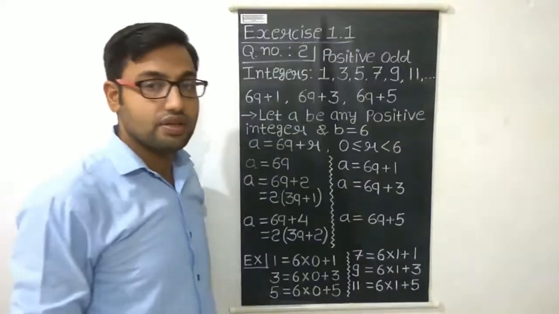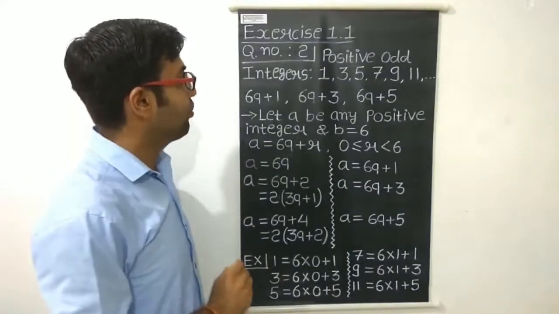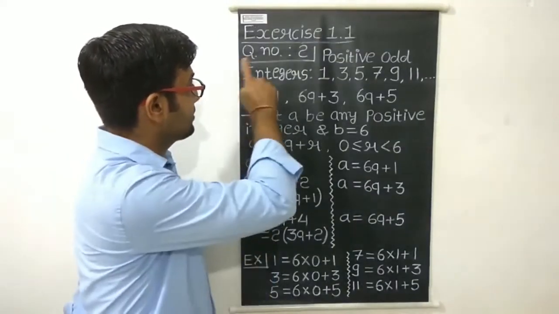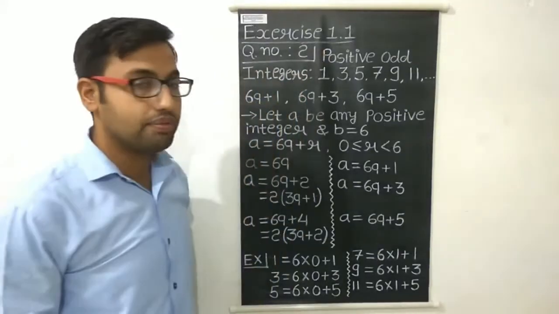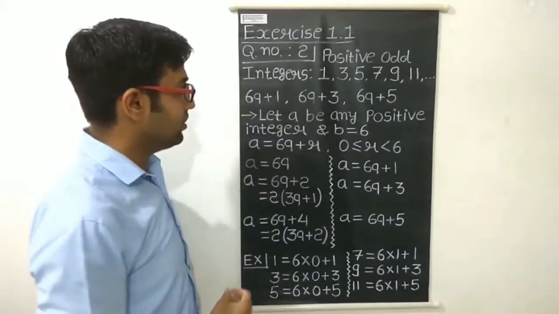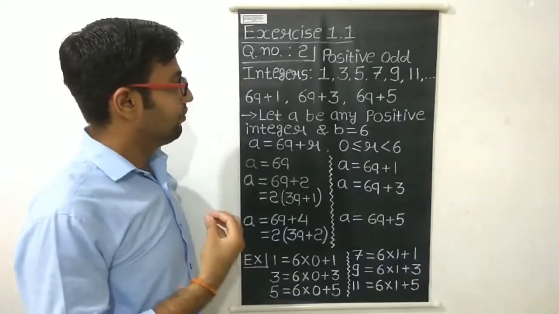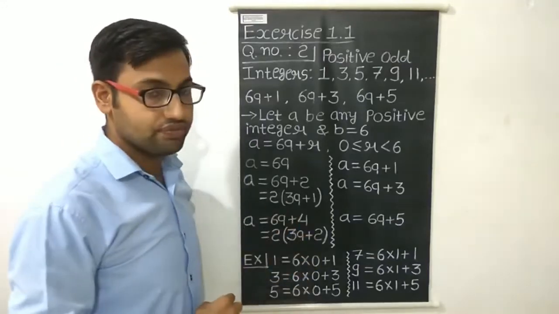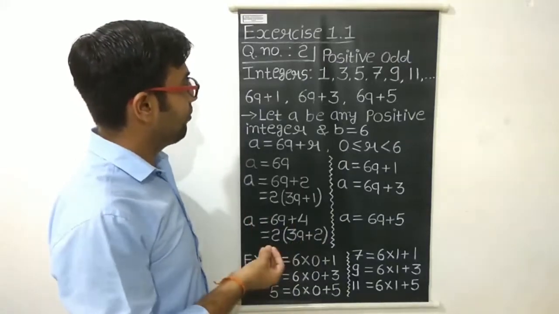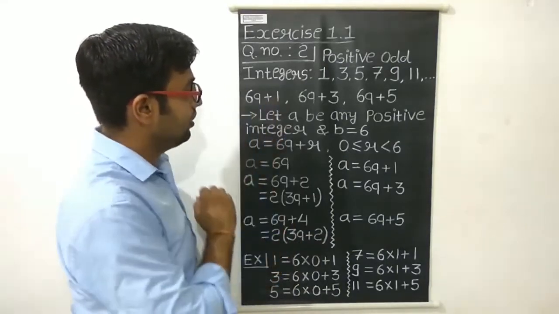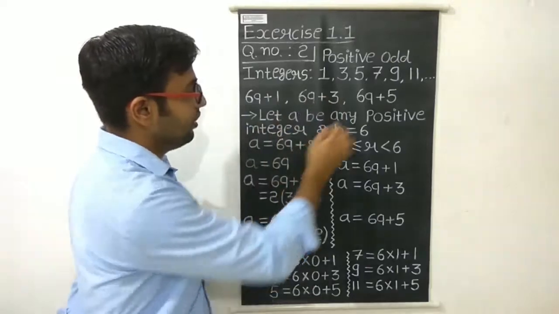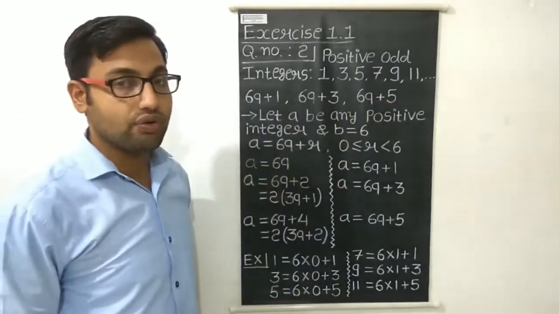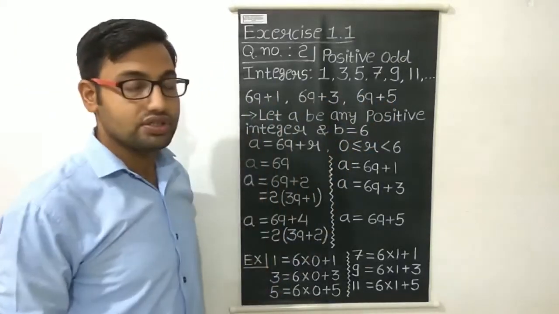Okay? Okay, let us take one more sum, that is of exercise 1.1, question number 2. What is the question? We have to show that all the positive odd integers are of the form either 6q plus 1 or 6q plus 3 or 6q plus 5, where q is some integer.